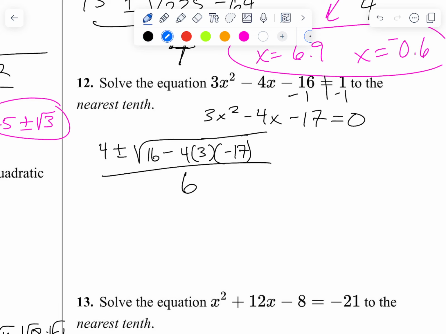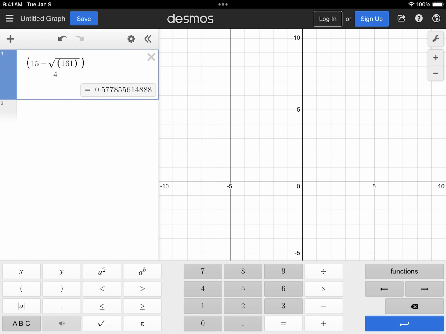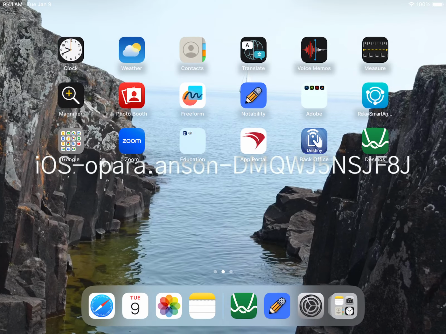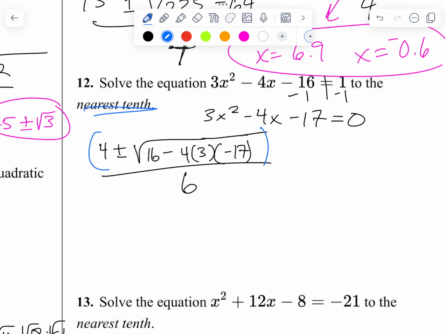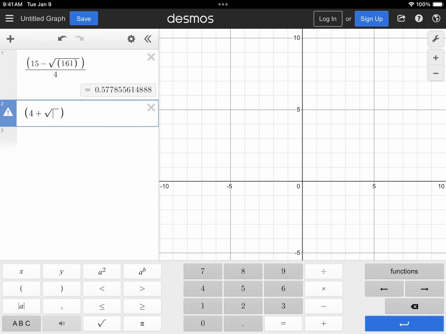And I am just going to put this in Desmos straight up. There's no reason for me to do that by hand when I just need the decimal, as long as I wrote it down. So I'm going to go back to Desmos and parentheses on top, 4 plus the square root of, what was it? I'm going to look back. 16 minus 4 times 3 times negative 17.